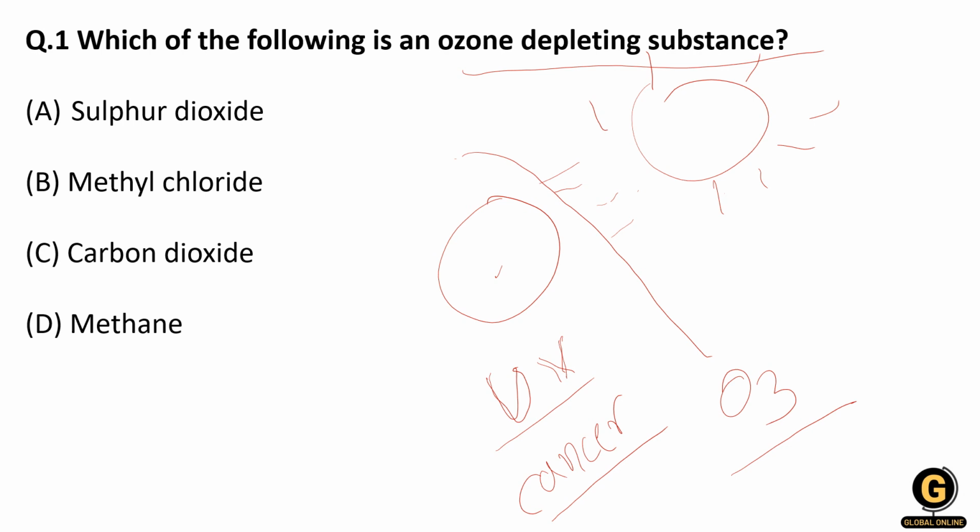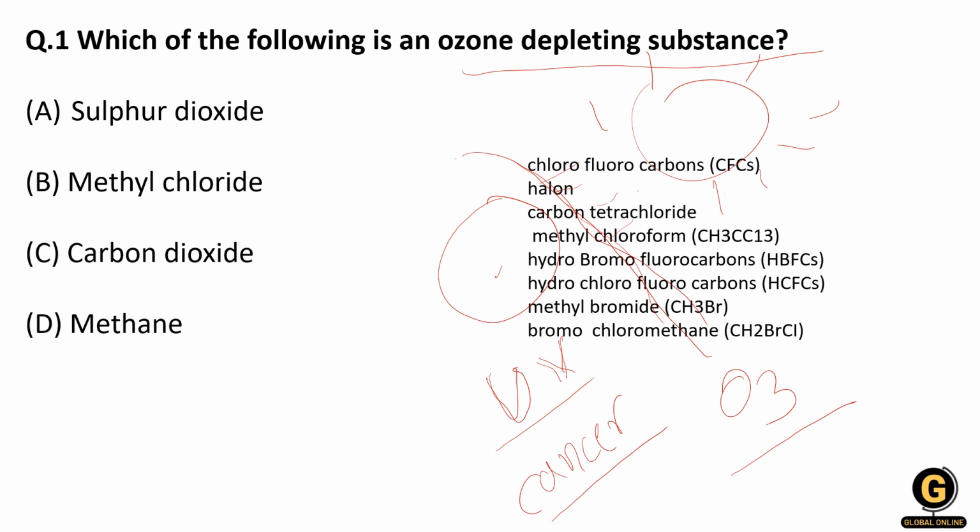So you have to understand this phenomenon first, and then this layer is getting depleted or getting harmed or getting disturbed by the substances that are called ozone depleting substances, and those substances are chlorofluorocarbons, halon, carbon tetrachloride, carbon. So all these hydro, bromo, and chlorofluorocarbons.